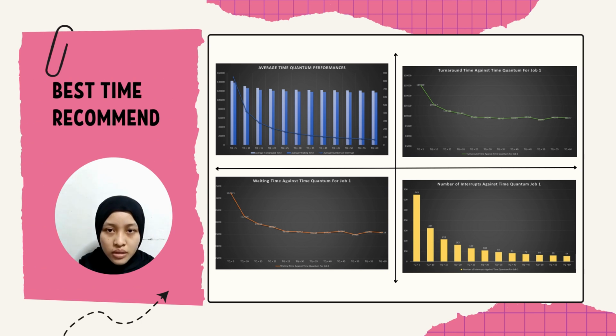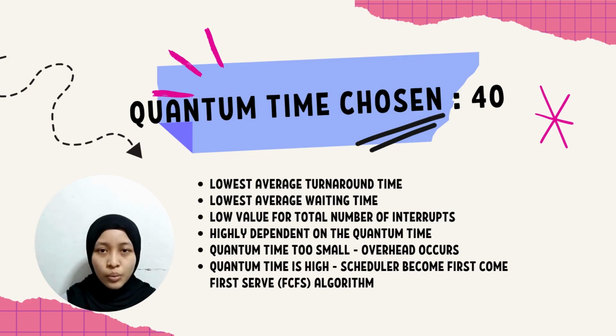For the total number of interrupts, time quantum 40 is not the lowest value, but it is considered a low number of interrupts. Therefore, we choose 40 as the most appropriate time quantum for our job list. This is because it has the lowest average turnaround time and average waiting time. It also has a lower total number of interrupts.